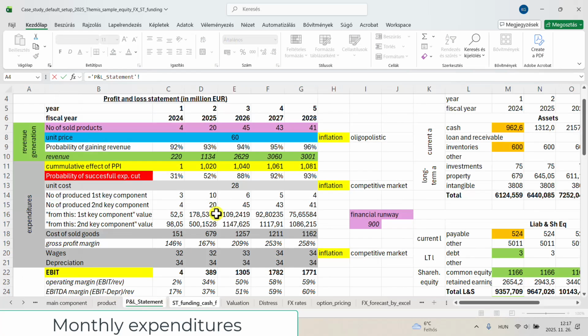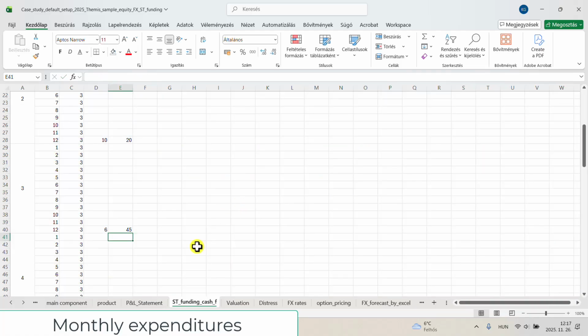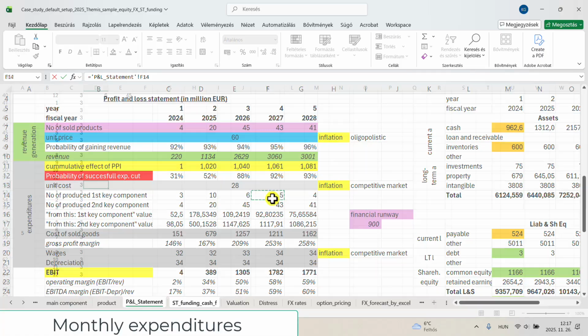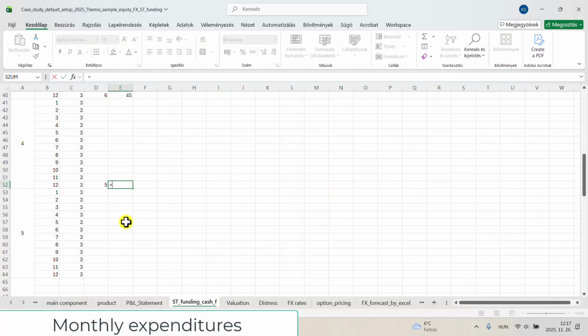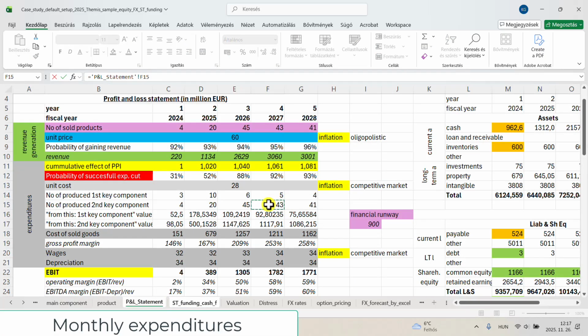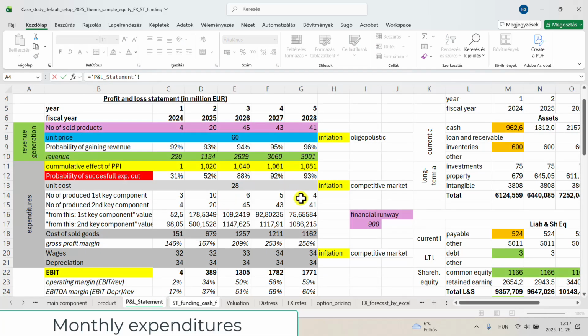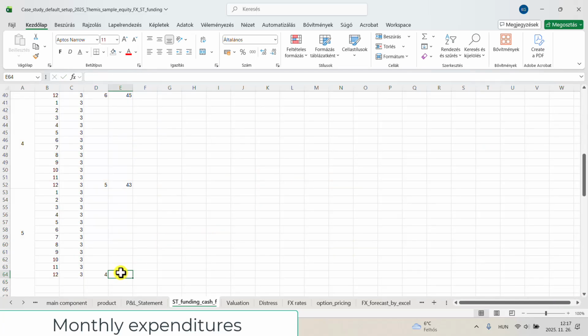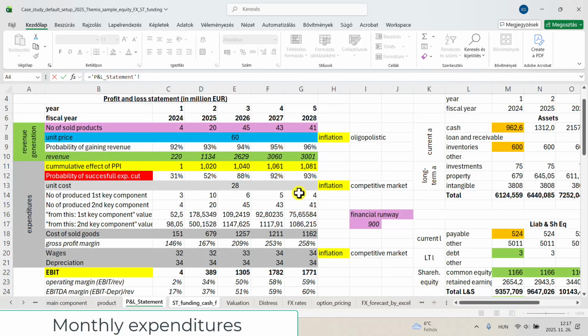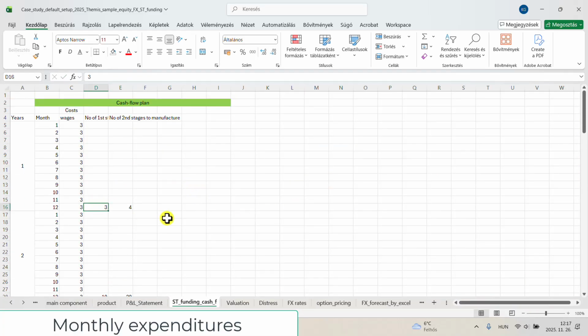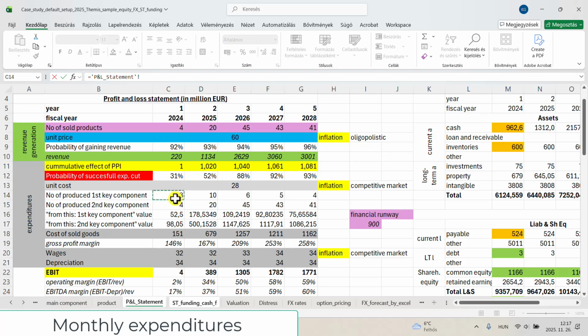And in the third year, finally, we are starting to achieve some reliability in terms of recollection, so we don't have to manufacture as much first stages as before. We are reaching the heaven of economics of scale, and I have to also link this one.